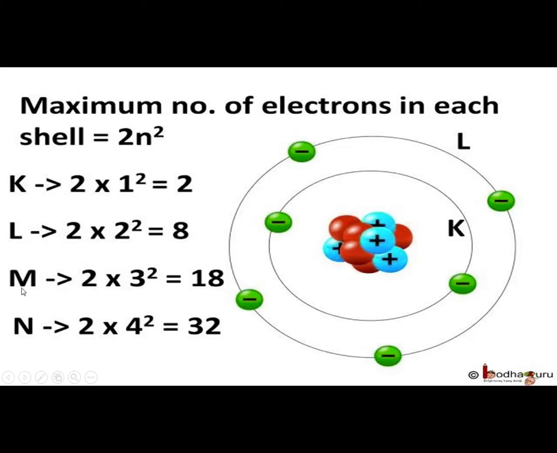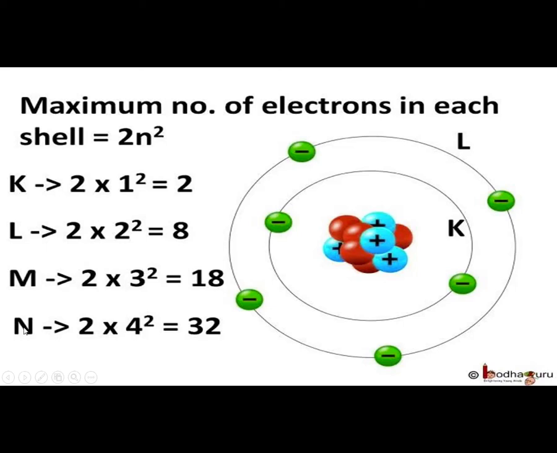Then the M shell. M is the third shell, so you will put 3 at the place of n. 3 3s are 9, 9 multiplied by 2 is 18. So M can hold just 18 electrons, not more than this.